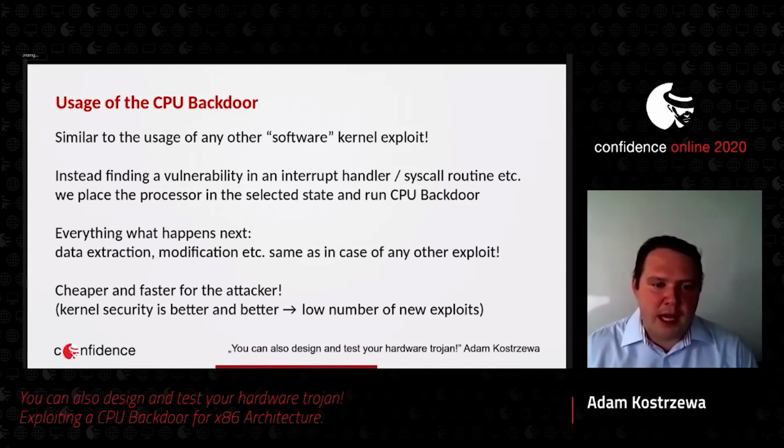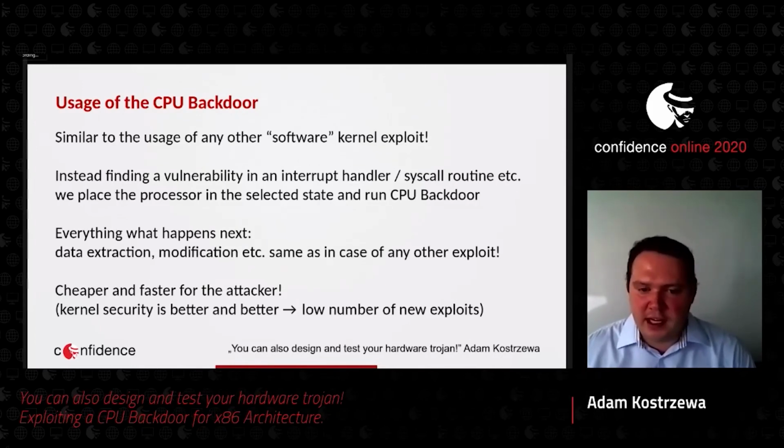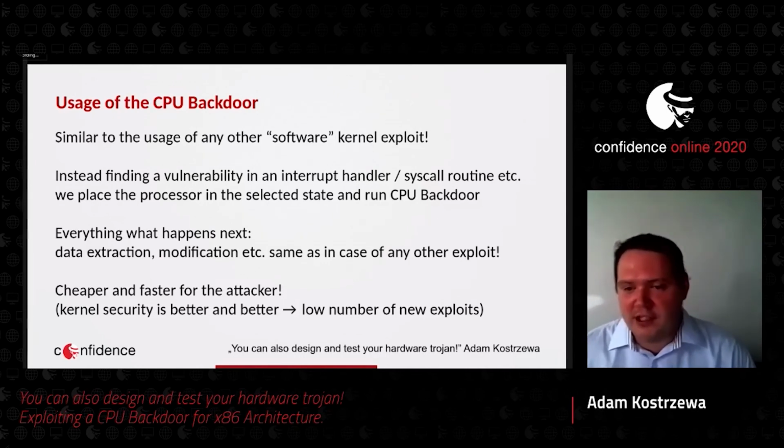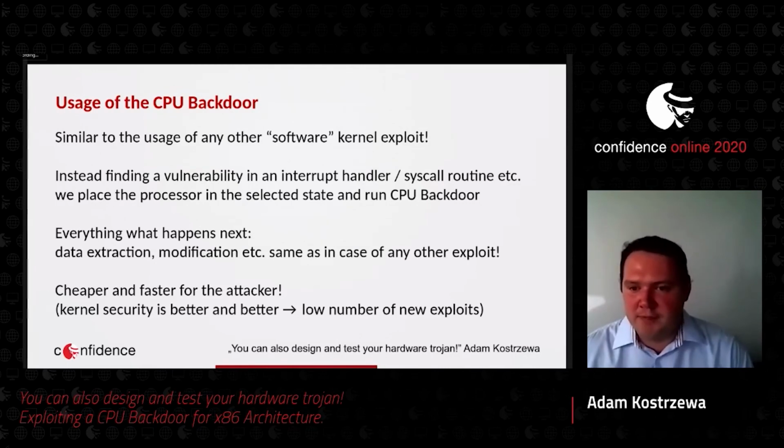So everything that happens next, data extraction, modification, is the same as in the case of any other exploit, because this is a frequent question. There's a frequent misconception that you will get your data also in hardware, that there must be some magic connection to your Ethernet port, which is allowing you to extract data easier. It must not necessarily be the case. It might just help to get root easier, as I presented to you.